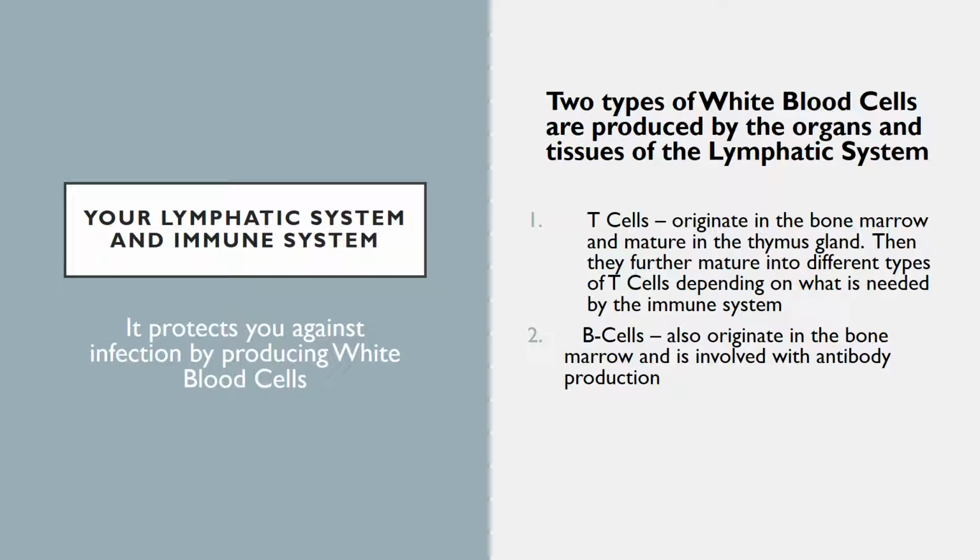The first type of white blood cell is called a T cell, and it originates in the bone marrow and matures in a gland called the thymus gland. Then it further matures into different types of T cells depending on what is needed at the time by the immune system. The second type of white blood cell is called a B cell. This also originates in the bone marrow and is involved with antibody production.